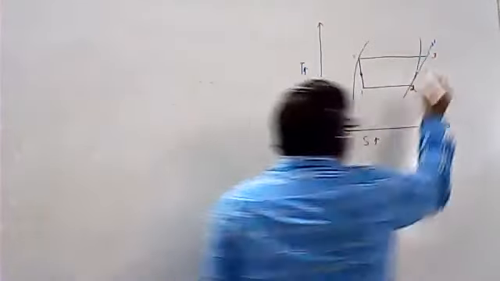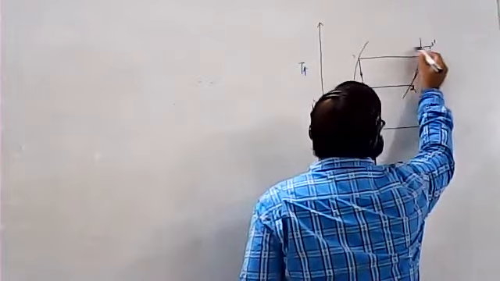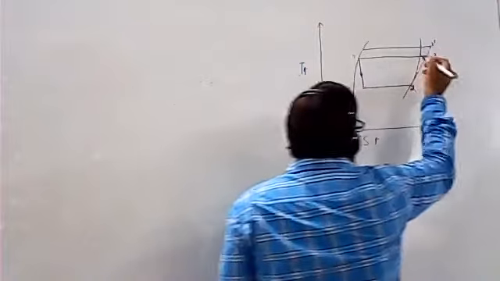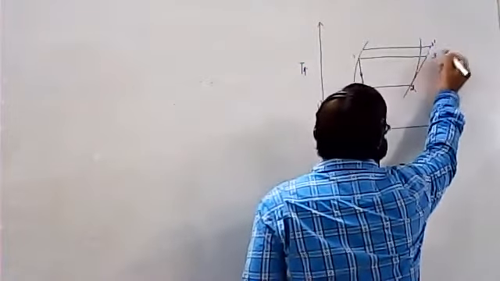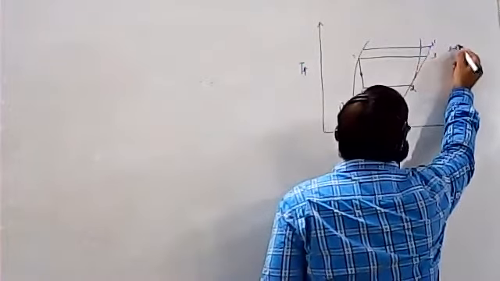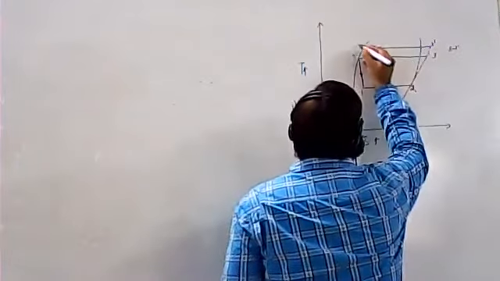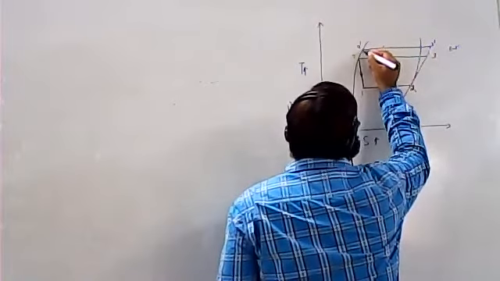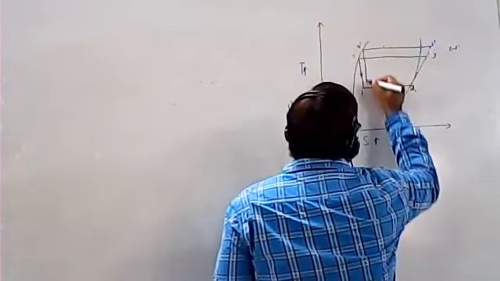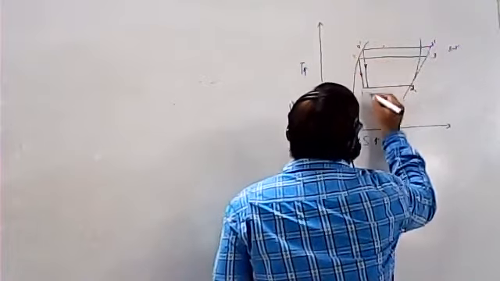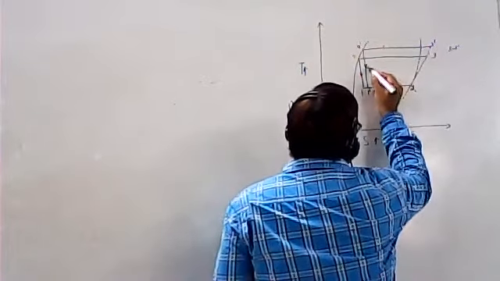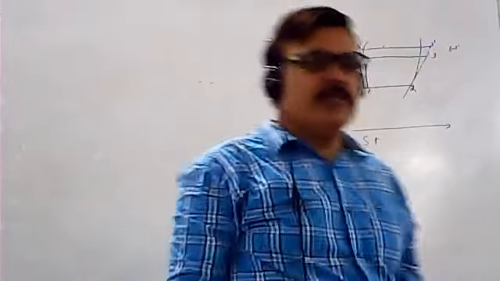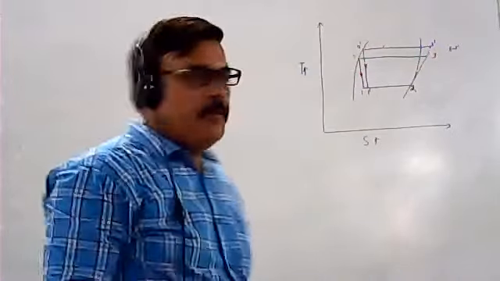Look at here, again I am going to complete this cycle. After condensation, this will be the point, and this process 4 dash to 1 dash will be your expansion process.